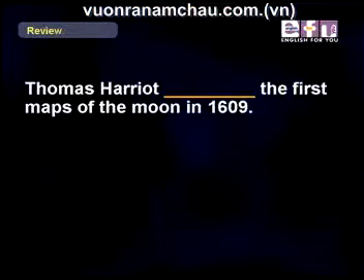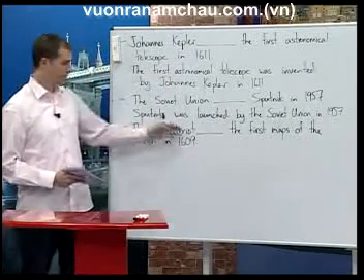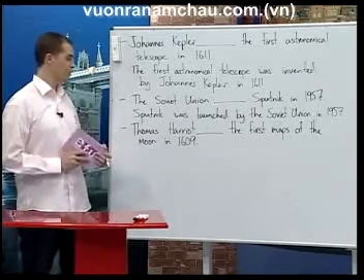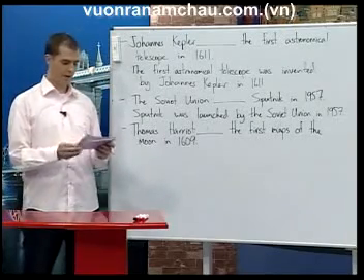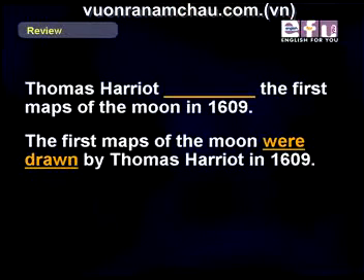Now, Thomas Harriot, something, the first maps of the moon in 1609. The first maps of the moon were drawn by Thomas Harriot in 1609. Excellent.